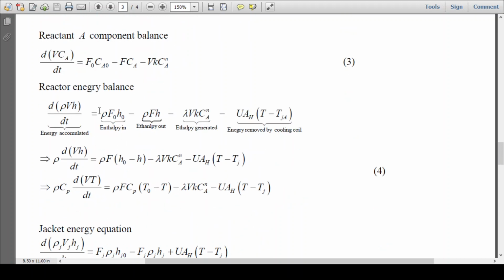Now the energy balance. Energy accumulated within the reactor equals enthalpy coming in with the feed, going out with the product, enthalpy generated by the reaction, and the energy removed by the cooling coil.